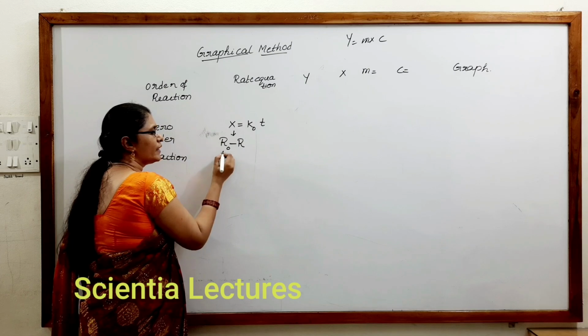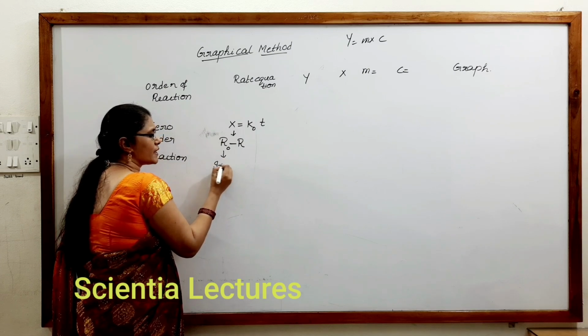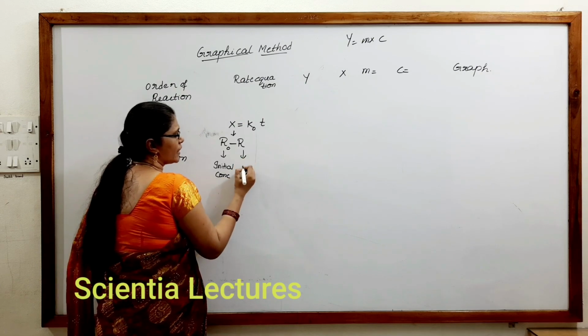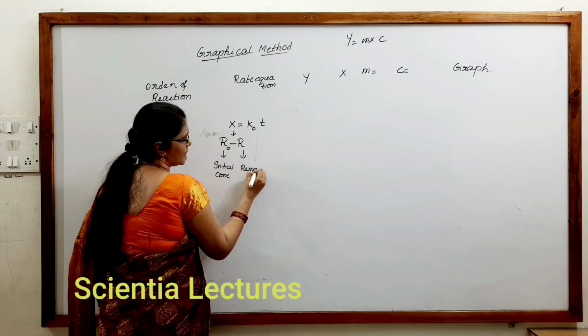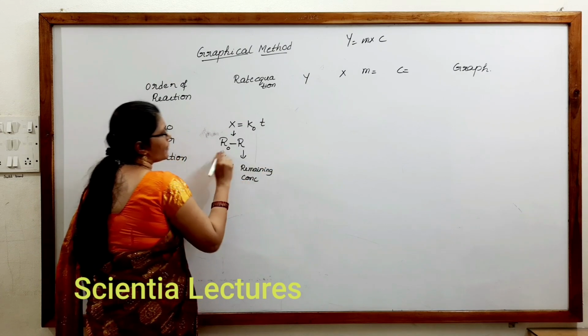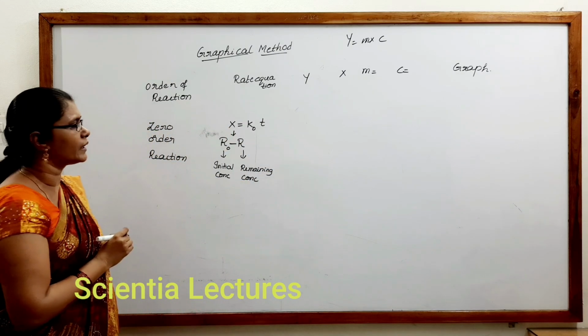R naught is the initial concentration and R is the remaining concentration. So initial concentration minus remaining concentration is the amount reacted.